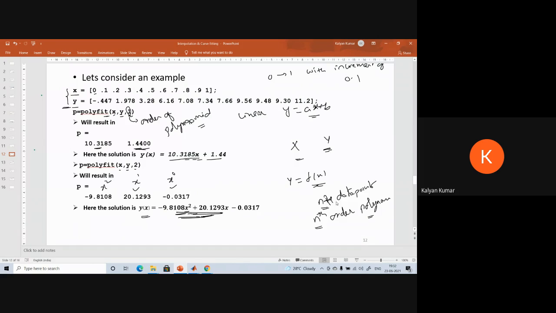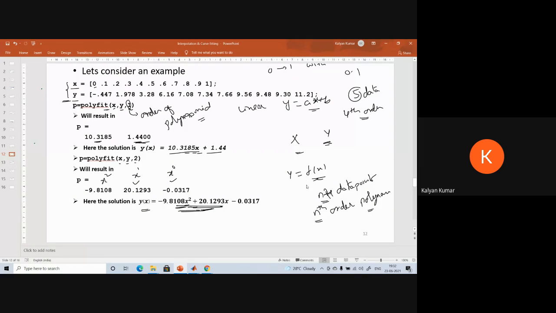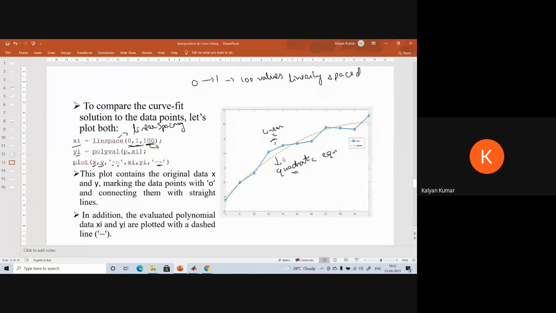So based on the number of data points, suppose if we are having only 5 data points, then you can get a fourth order equation, a maximum of fourth order. Okay, so like this, we can develop the relationship between the y and x, and we can fit the curve within the measured data points. So this is curve fitting.